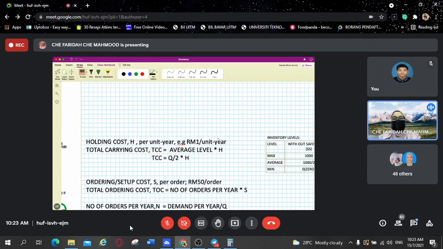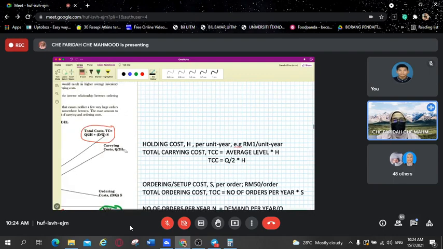Katalah example here, the cost of carrying component A ialah RM1 per unit per year. And this holding cost will not change throughout the year. So to find total carrying cost, when they use the word total means annually, setahun.